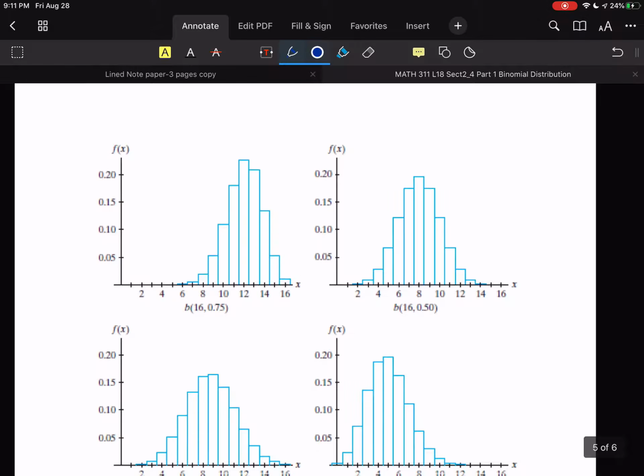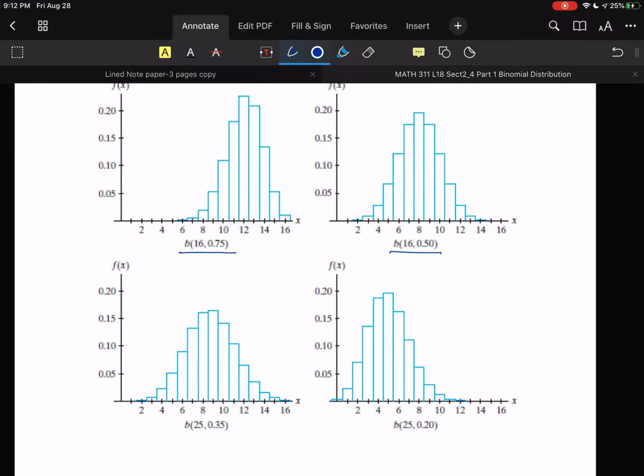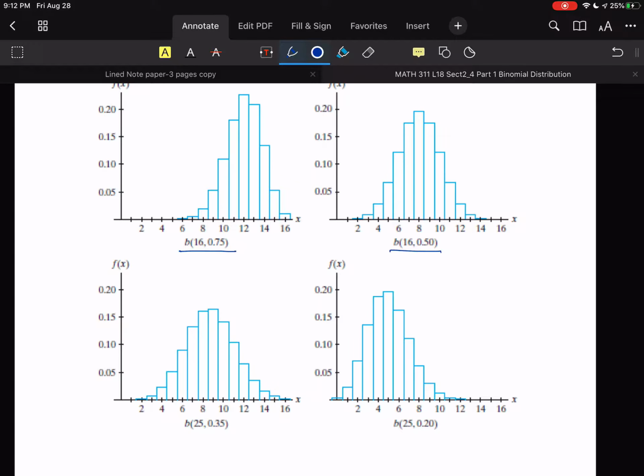Let's take a look at some of the shapes of the binomial distribution. So here is a binomial with n equals 16 and p equals 0.75. You can see that it's slightly skewed, but not much. And as soon as we go to 0.5 for p, we become very symmetric, okay? And as we deviate away from 0.5, here's 0.35, we're slightly skewed. And here is 0.2, we're even more skewed to the right.